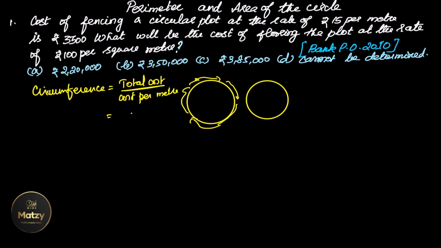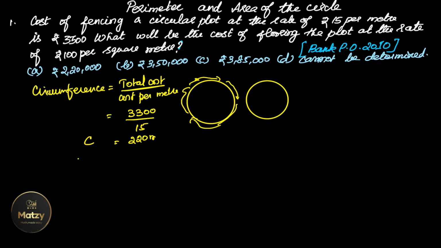What is the total cost? 3,300. What is the cost per meter? 15. That is 2 times 2 15s are again 2 times 220 meters. That is the circumference of the circle.